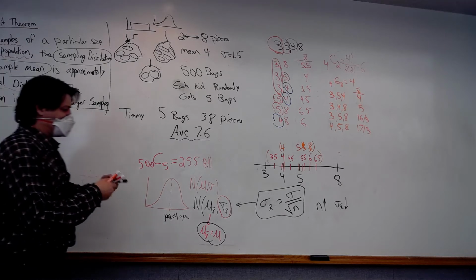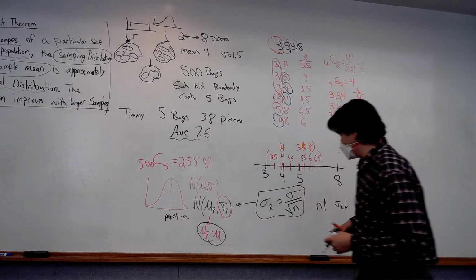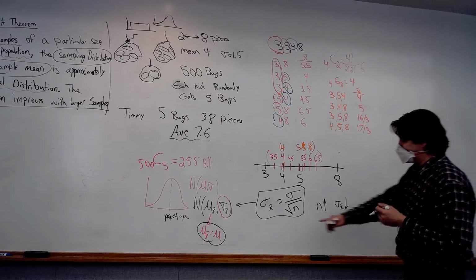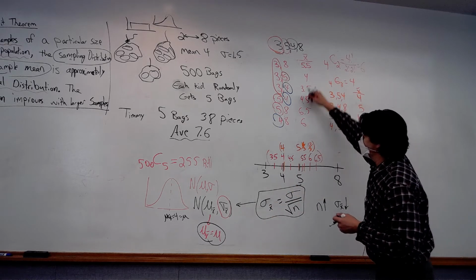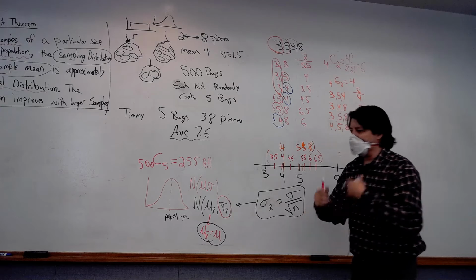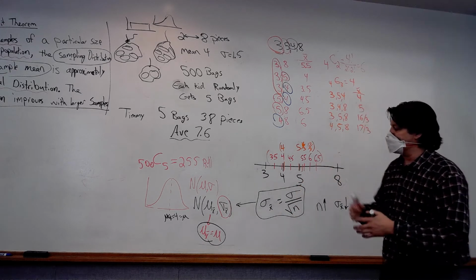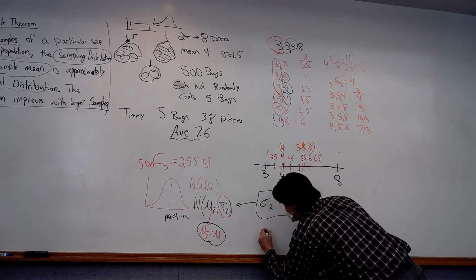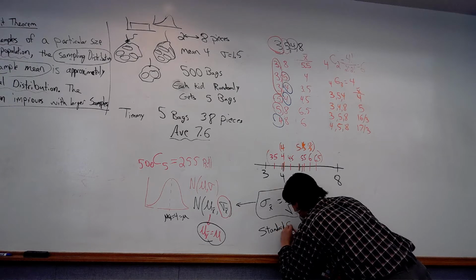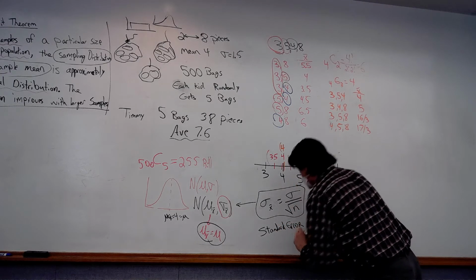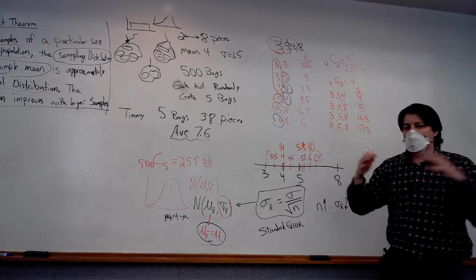Just as a point of notation, or what we call things. This is the standard deviation of these sample means. So the full name would be the standard deviation of the distribution of sample means. We also refer to it as the standard error. Right? And the error, thinking about the sampling error that's going to occur.